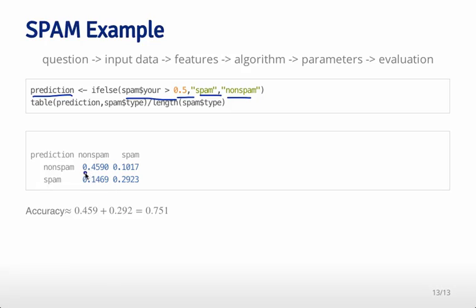What we can say is that when an email is non-spam, about 45 or 46% of the time, we get it right. When it's spam, about 29% of the time, we get it right. So in total, we get it right about 45% plus 29%, which is about 75% of the time. So our prediction algorithm is about 75% accurate in this particular case. That's how we would evaluate the algorithm.